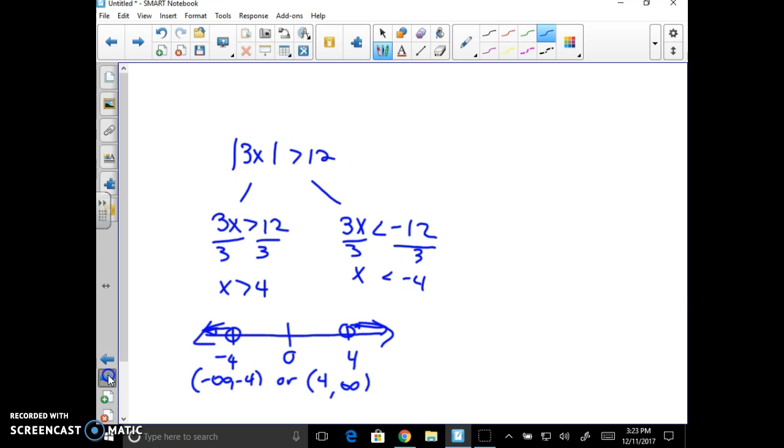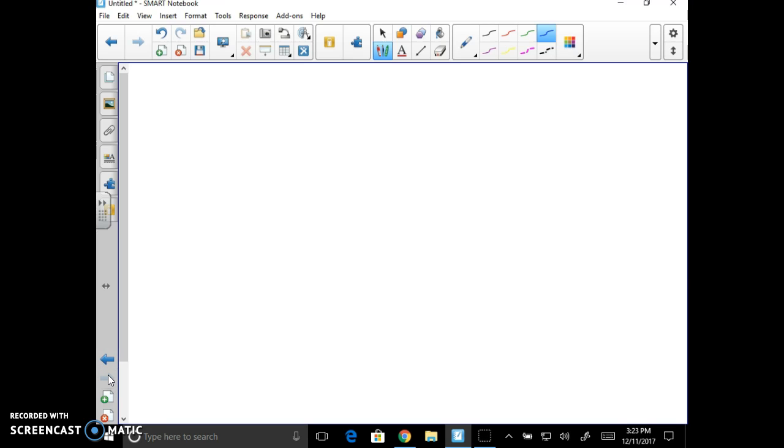Okay, I'm going to skip number 6 because I want you to try that one. I'll do 7 and 8, and that should give you an idea on how to do the rest. So number 7 is the absolute value of x plus 3 minus 1 is less than 5. Remember, we cannot make the two cases yet because the absolute value is not by itself.